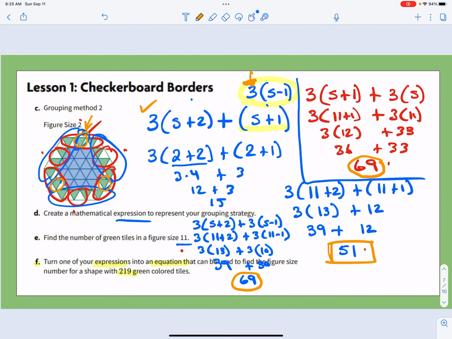All right, so let's take a look at our expression. We would say 3 times the size plus 2 plus 3 times the size minus 1 equals 219.